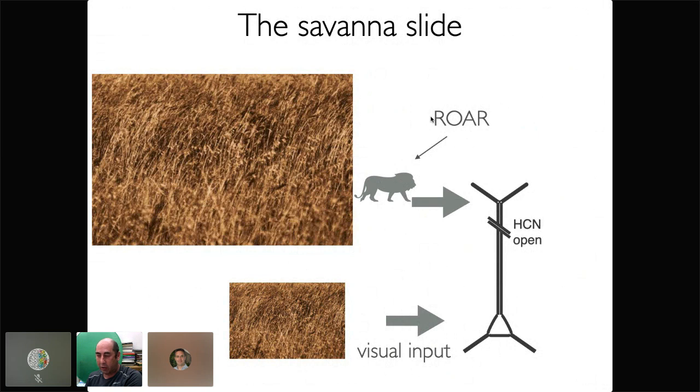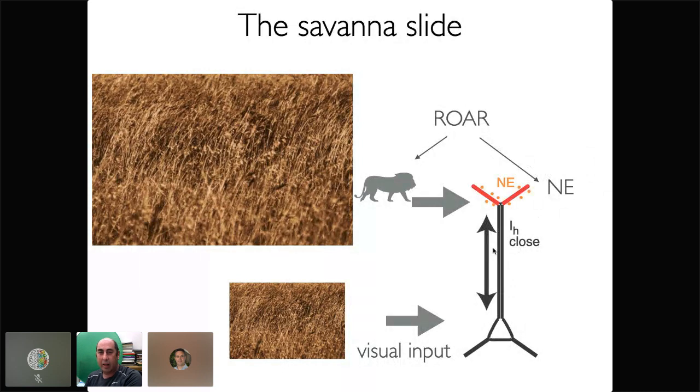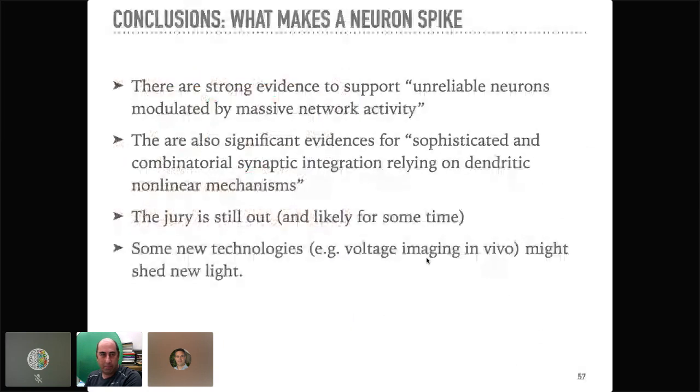It of course makes you very alert, and it activates the noradrenergic system, and then you have noradrenaline around, and you have this feedback input that tells you there's a lion around, and this modifies the processing of this neuron, and it helps you identify this lion because you know that there is a lion around. So once you know there is a lion, it's easier to spot it.